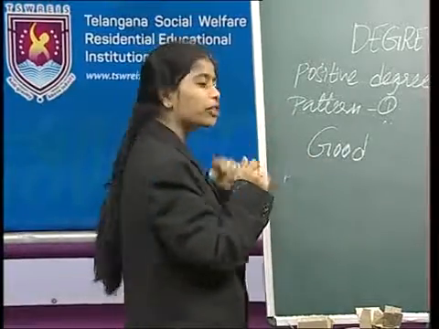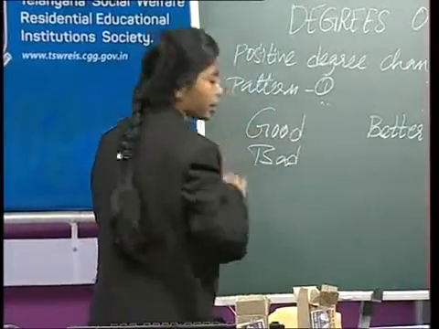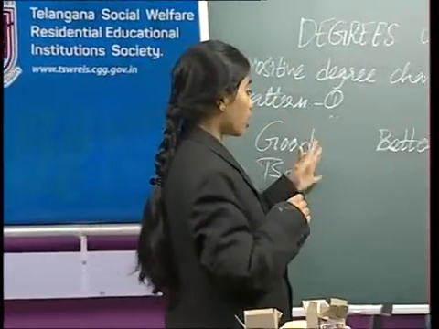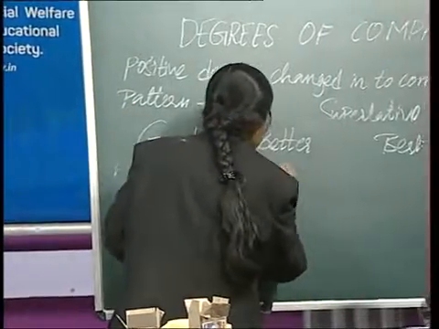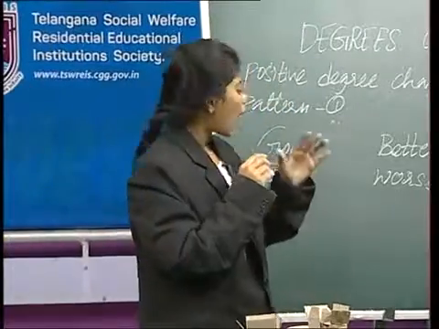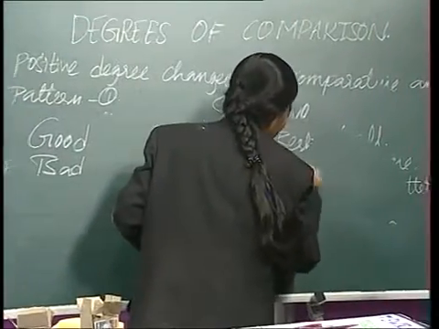Let us discuss some of the examples of this. If bad is there in the positive form of the adjective, it becomes worse in the comparative form of the adjective, and when it is in superlative, it becomes worst.